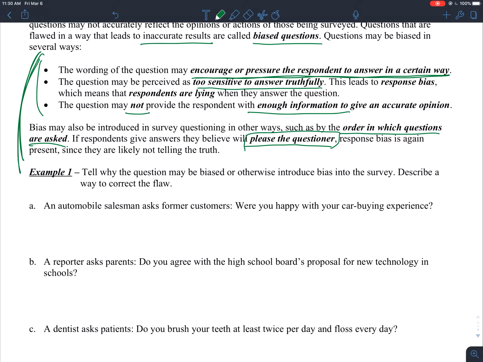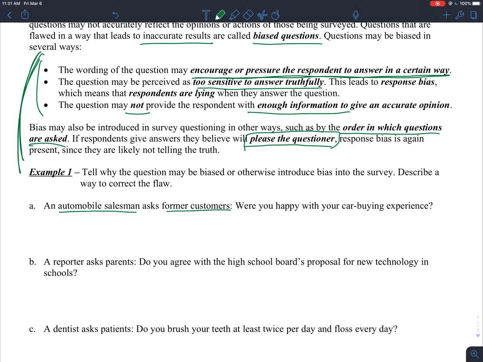So, example one, let's see if the question may be biased or otherwise introduce bias, and then describe a way to correct the flaw. Okay? An automobile salesman asks former customers, were you happy with your car buying experience? All right. So, an automobile salesman is asking his former customers. All right?